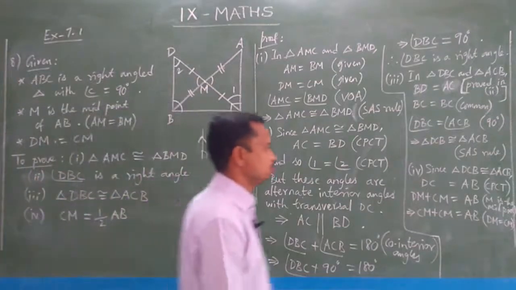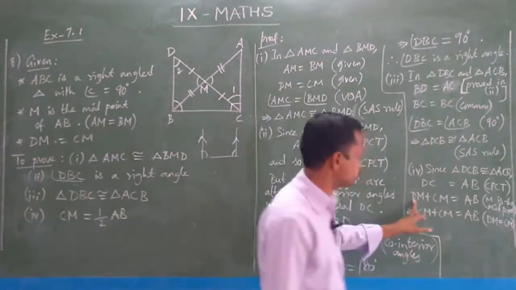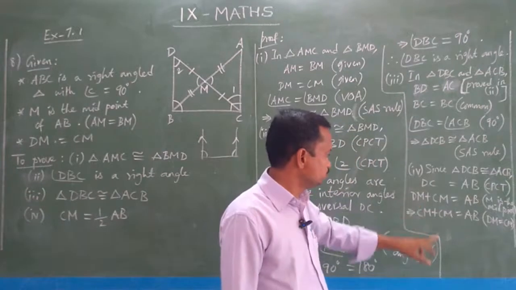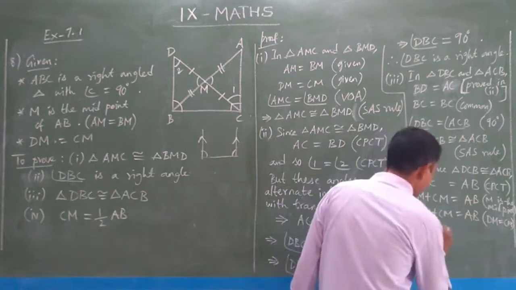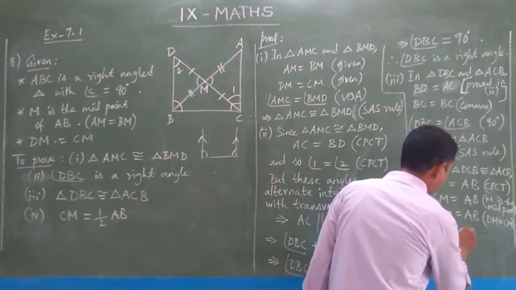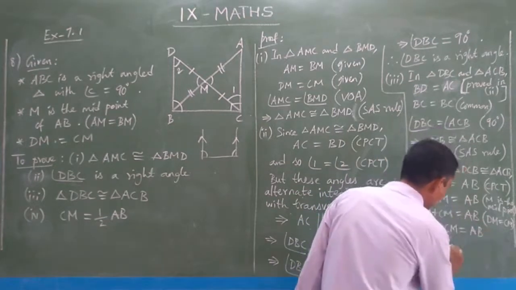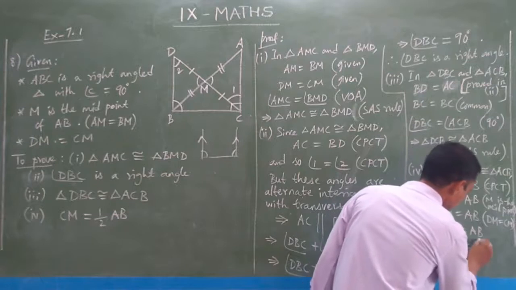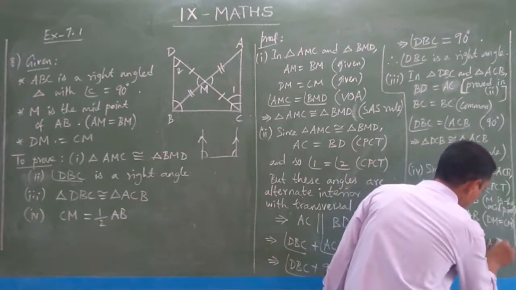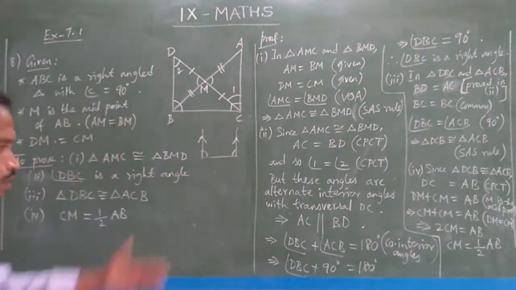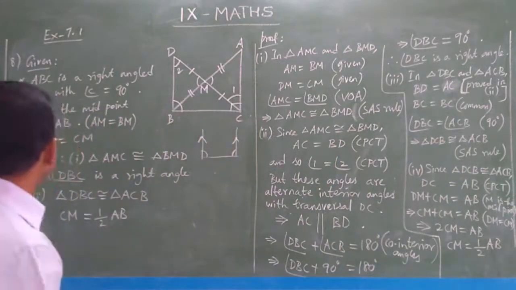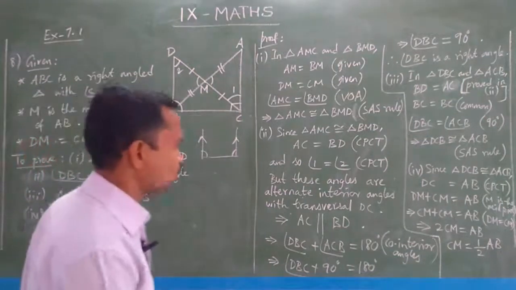So we can replace DM by CM. So CM plus CM, that is 2CM, and so CM is equal to half of AB, hence the proof. Clear? So CM is half of AB. This is the way you have to prove all these options.